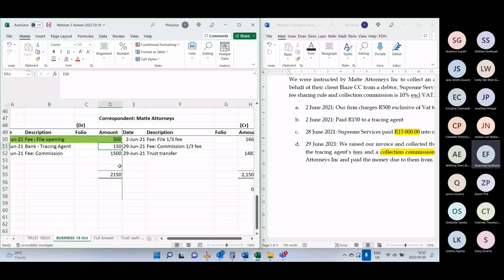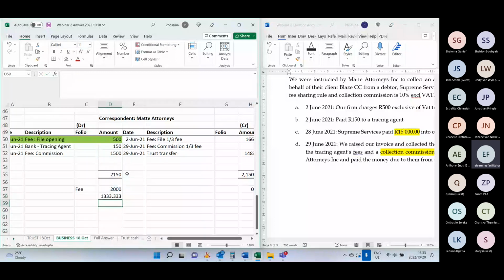For me to just rework it out, so our fee in total is 500 plus 1,500. So out of that, we only get 2/3. So multiply by 2 divided by 3. This is how much we are supposed to collect from the trust account.